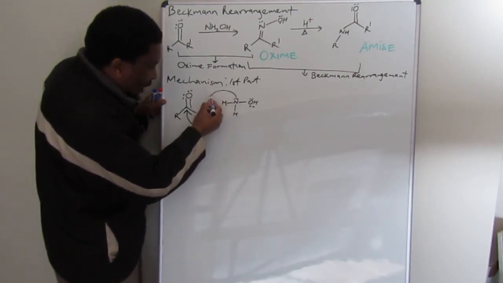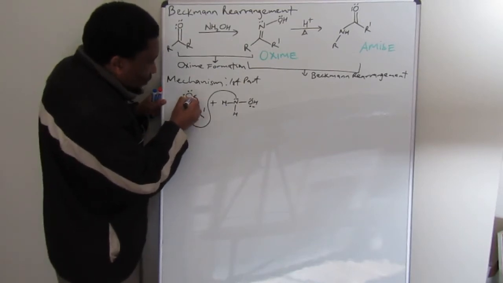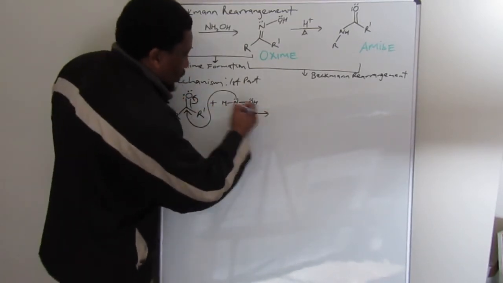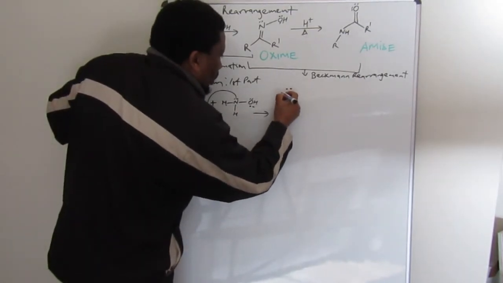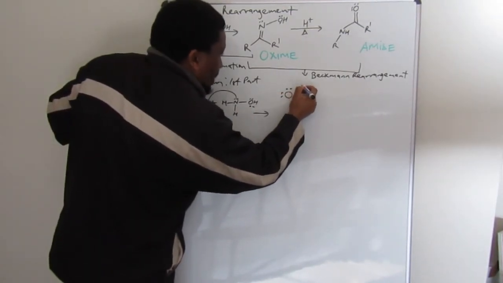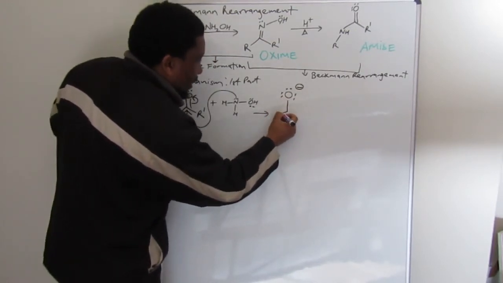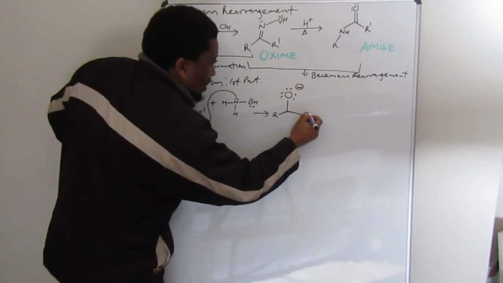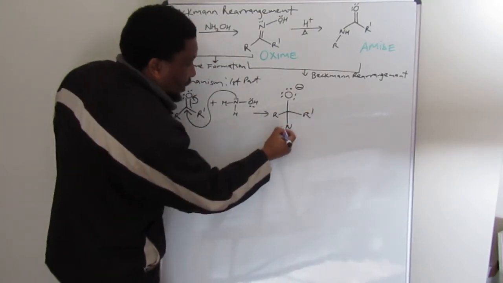As soon as this nitrogen brings its electrons here, these ones pull out. What do you generate on that side? You generate O negative in charge, bonded to carbon, which is bonded to R and R prime. This carbon atom is now bonded to nitrogen.